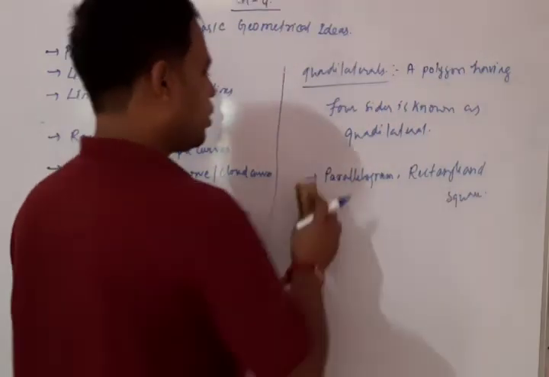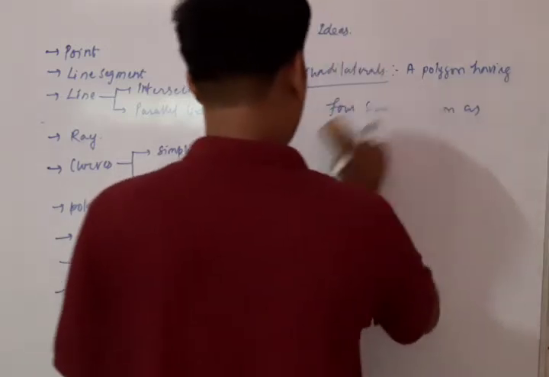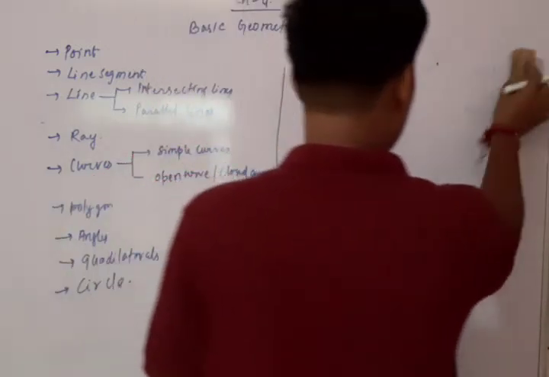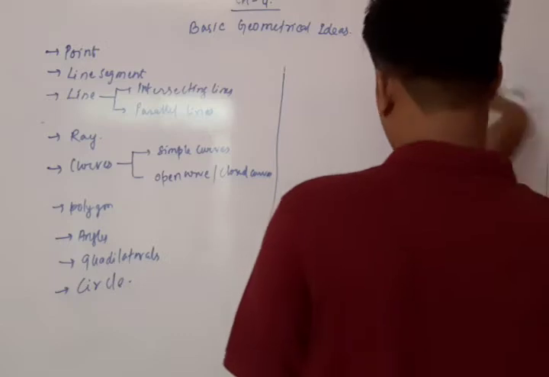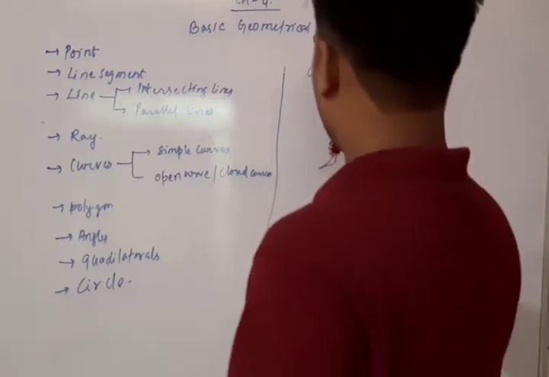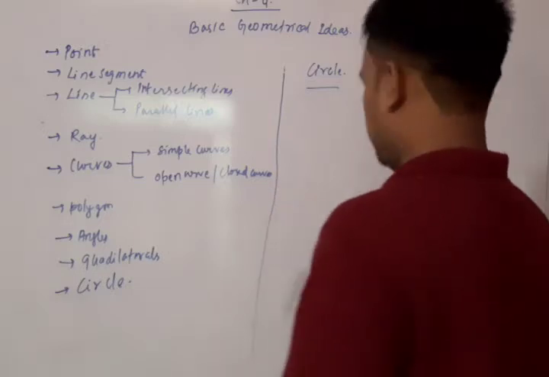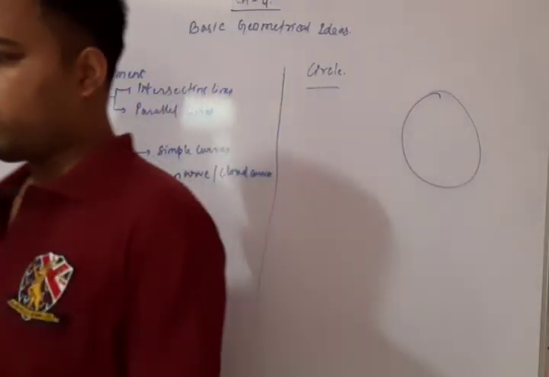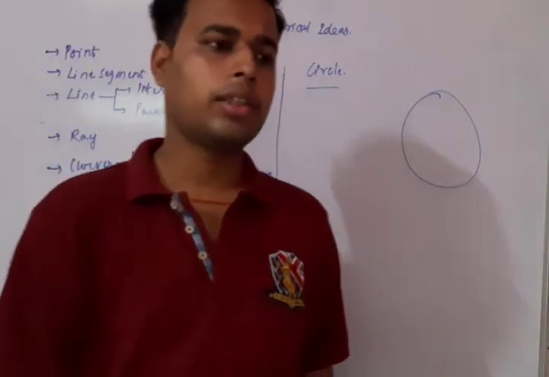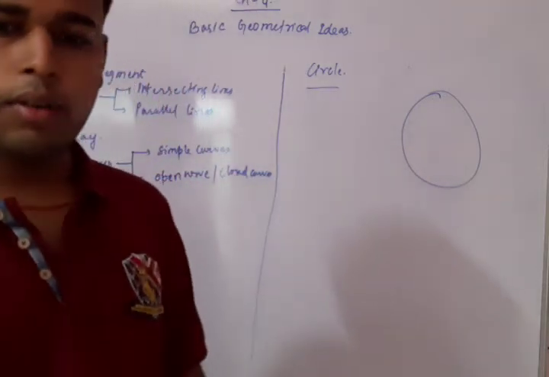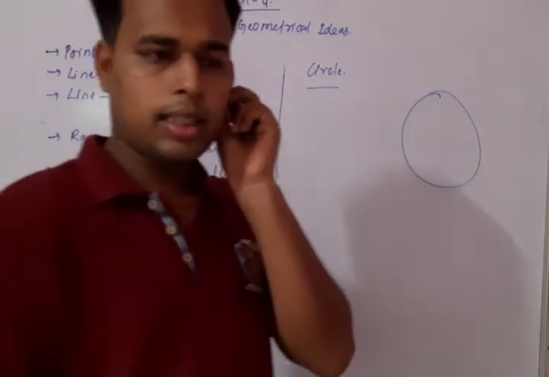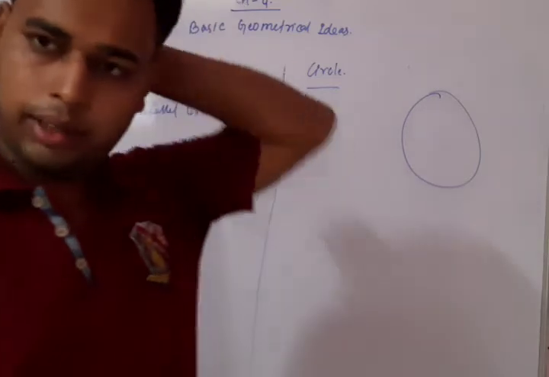Now moving to circle. This is the figure of a circle. When we rotate a fixed length about a certain point, the figure that comes is a circle.